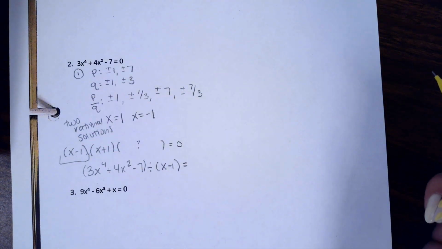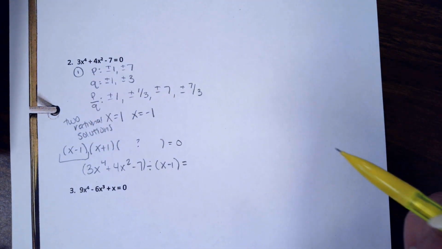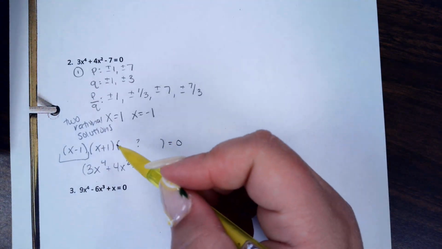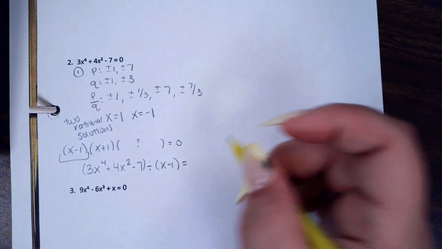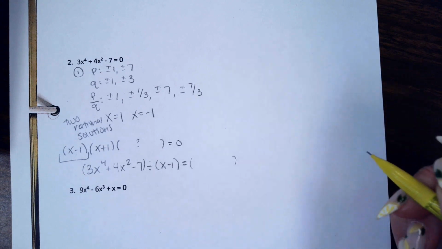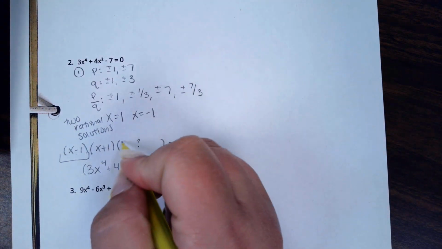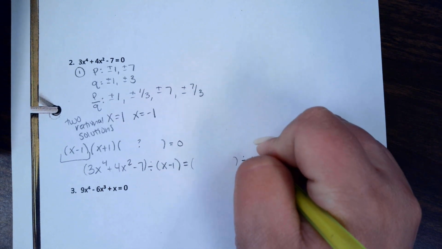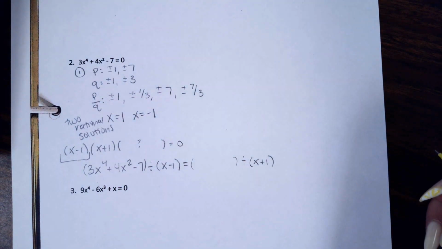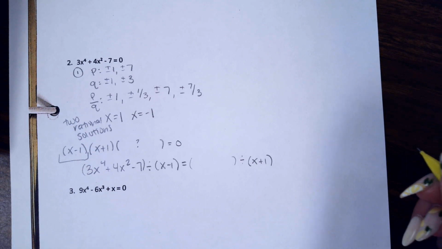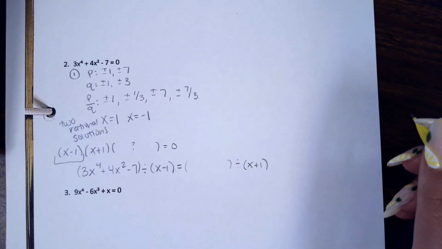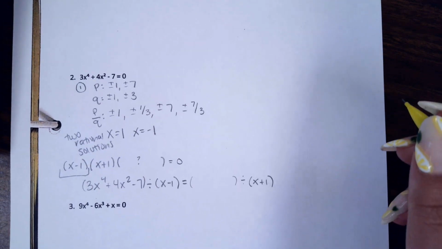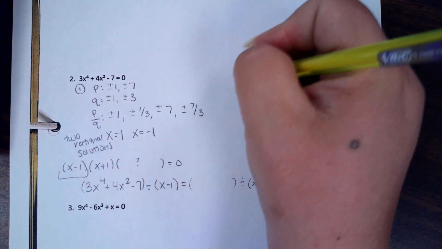Now in this case, we have 2 factors that we know, right? So whatever we would get here, in order to get this polynomial, we have to then divide out x plus 1. So we're actually going to have to synthetically divide twice here.